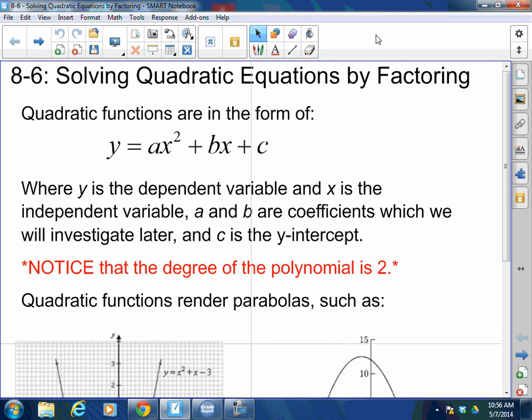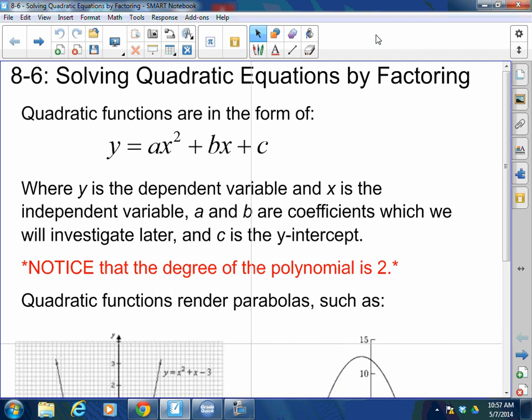Today we are continuing with our quadratic saga, and today we're going to learn how to solve quadratic equations by factoring. Now, before I teach you how to do this, I just have to show you exactly why we're doing this.